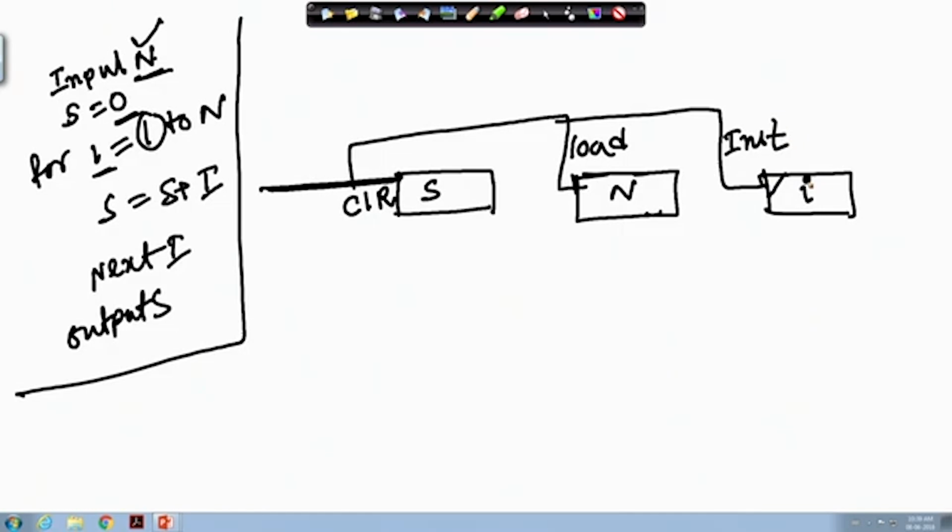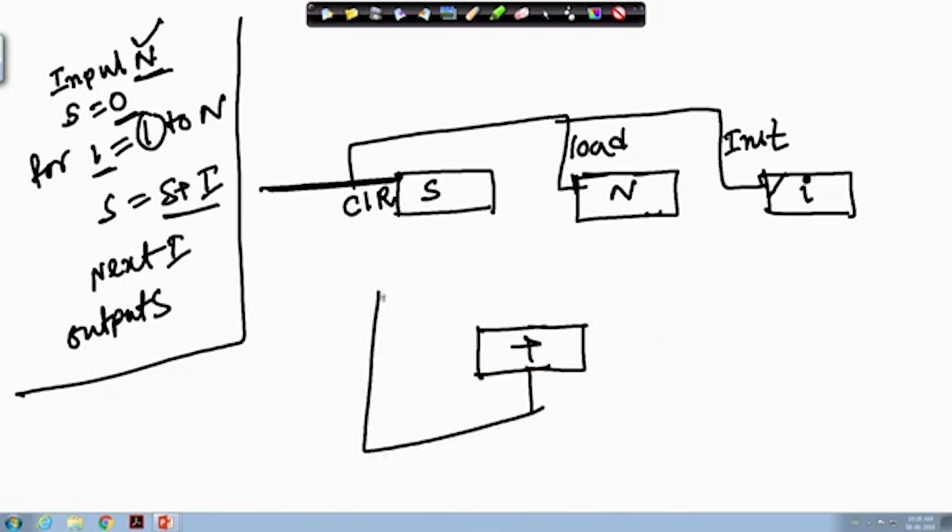Okay. Then next I have to do S plus I, so I need one adder circuit, and the output of that is again connected back to S.